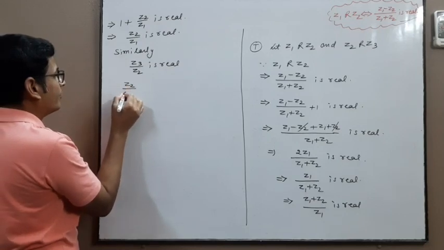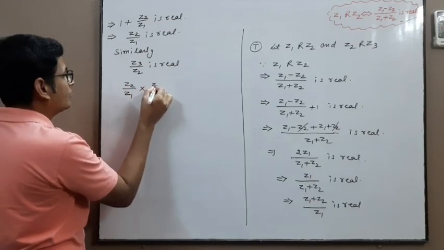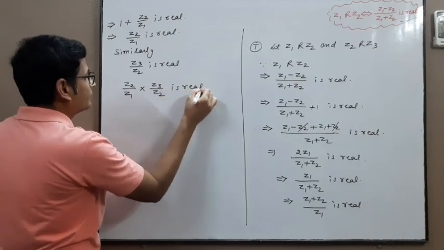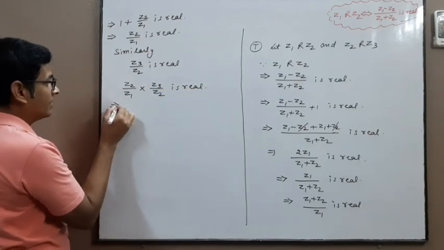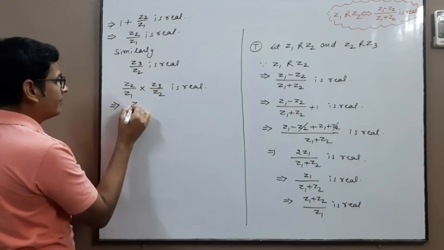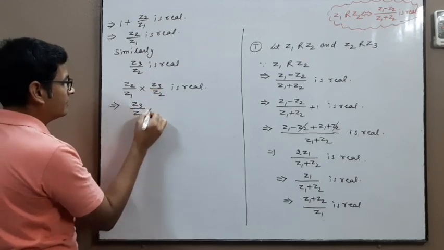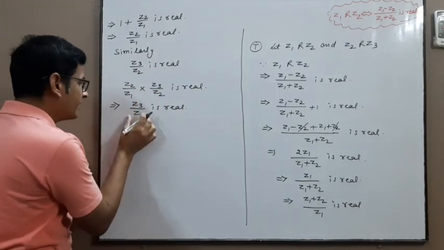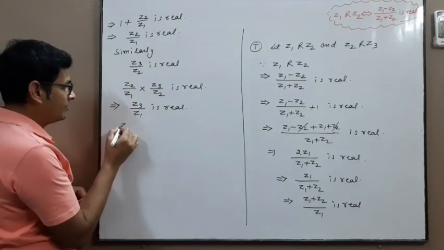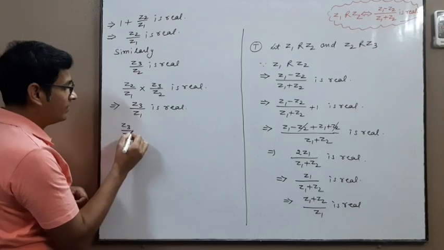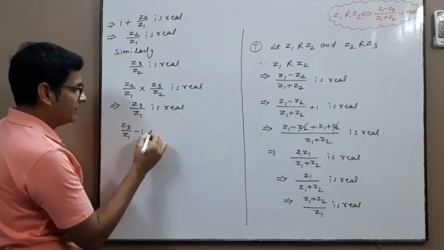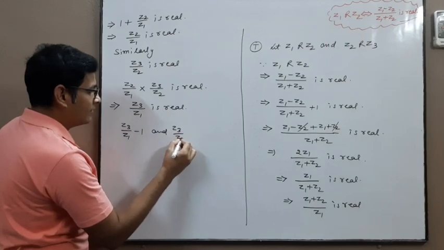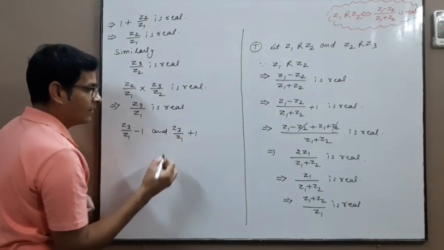So Z2/Z1 times Z3/Z2 is real, which implies Z3/Z1 is real. If this number is real, so Z3/Z1 - 1 and Z3/Z1 + 1 are real.